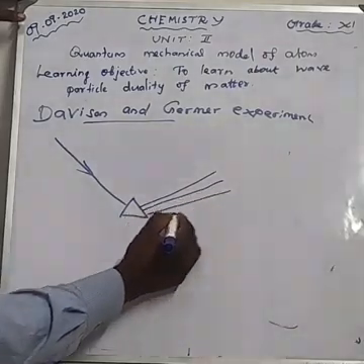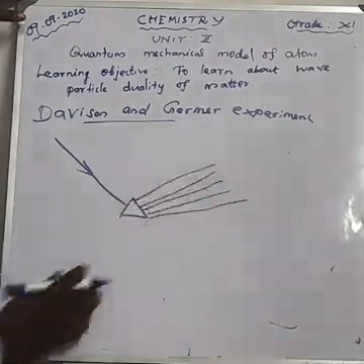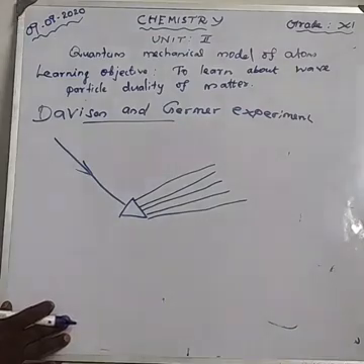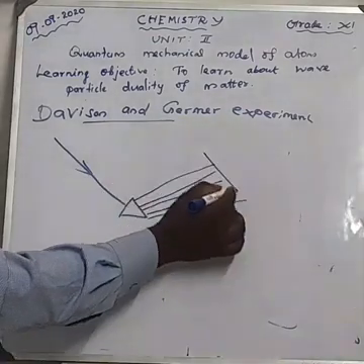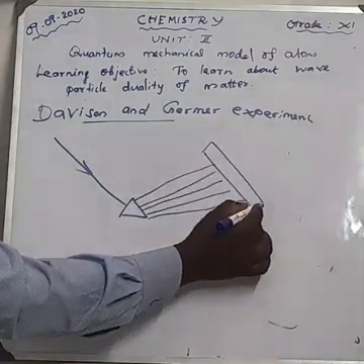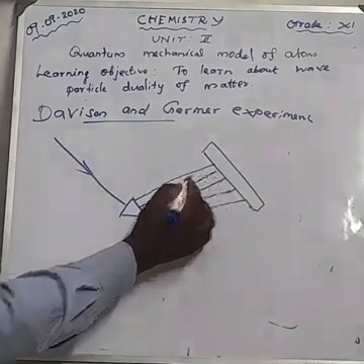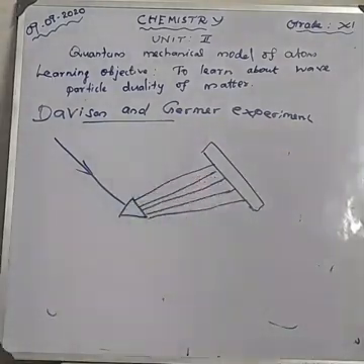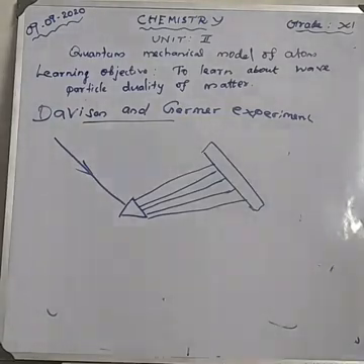Am I right? We are observing a photographic plate. The beam of electrons falls on the nickel crystal, and the diffraction pattern is recorded.